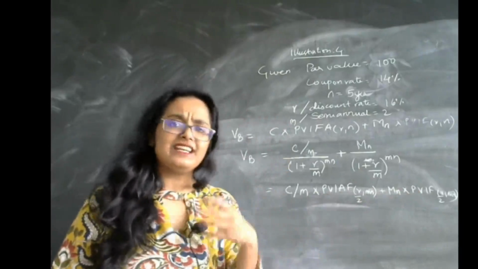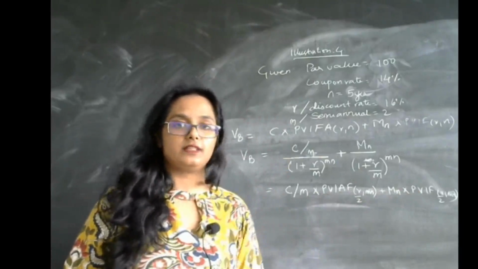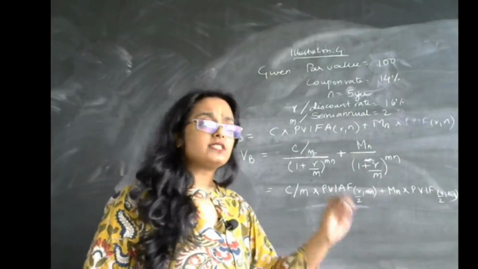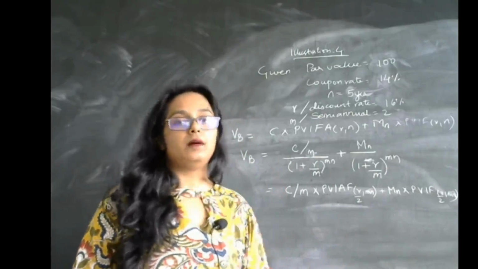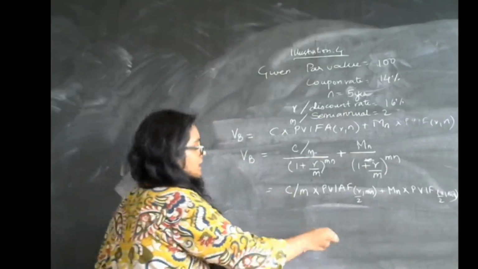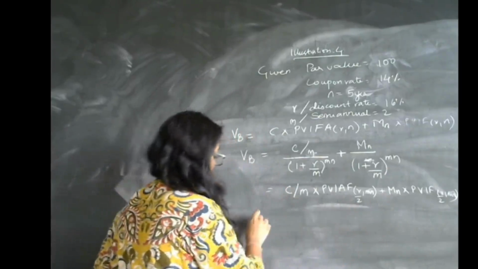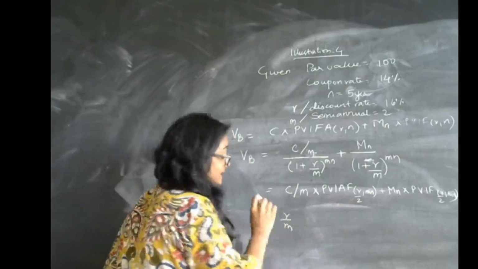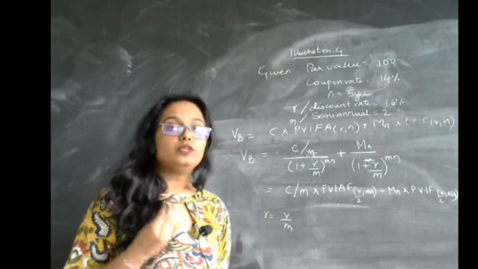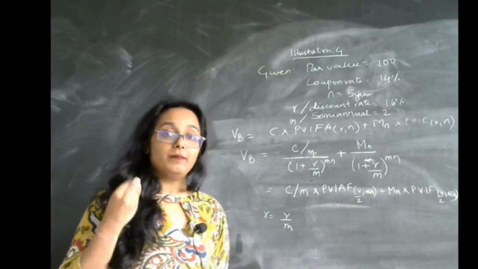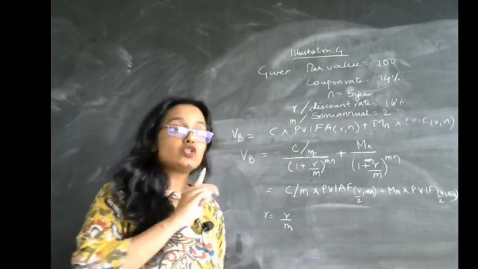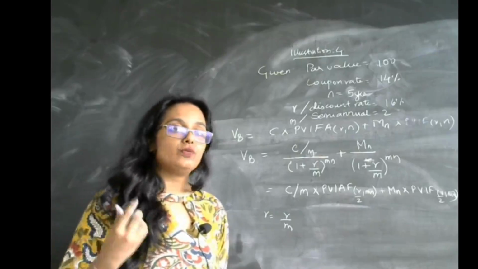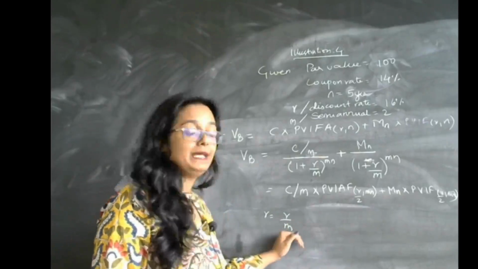So rather than doing all that mess over here, what you can do is just find out the interest rate and the number of years. Now, what is the interest rate over here? Since it is a semi-annual problem, we know that R will be divided by M. It is not a yearly problem, it is other than yearly. So we know that we have to divide it with M.